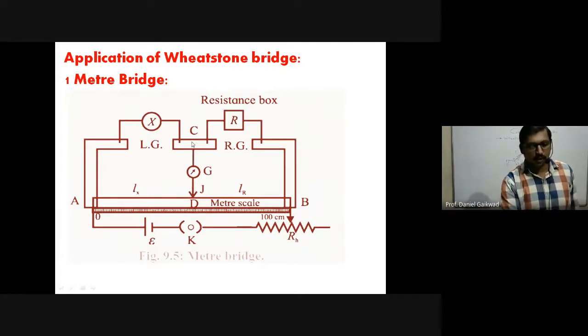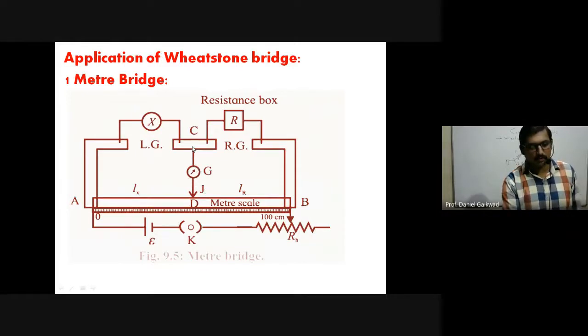Now we have one more connection. To point C we connect the galvanometer, and from the galvanometer to J, meaning the jockey contact. That jockey contact can be on any point on this one meter bridge wire. That particular jockey is used to find the null point, or zero deflection in the galvanometer.